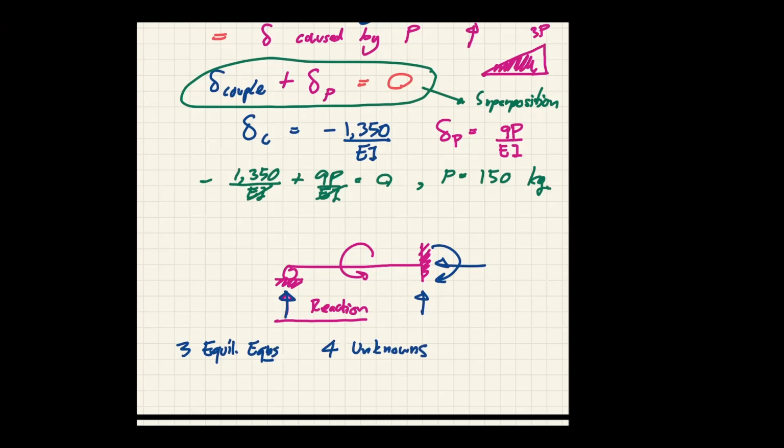So that means we have more unknowns than equations, and we now have an indeterminate structure, because you cannot determine the reactions straight away using your equilibrium equations.